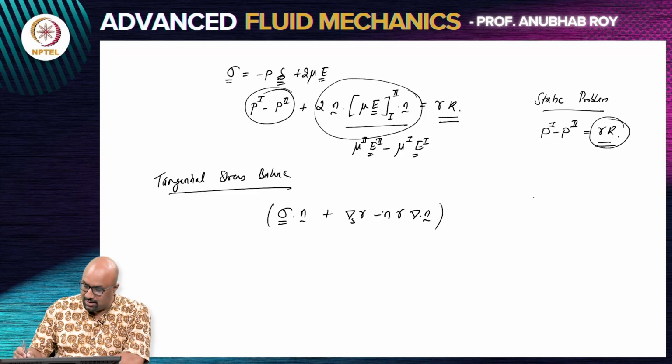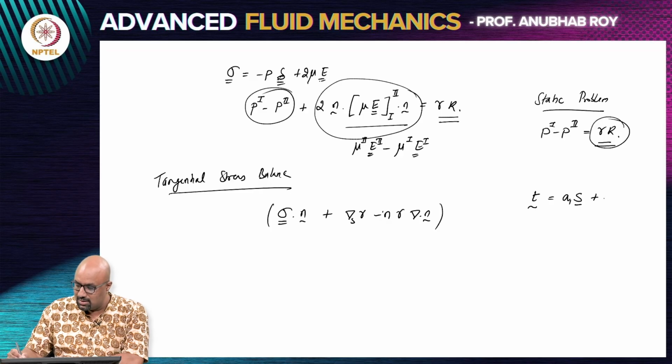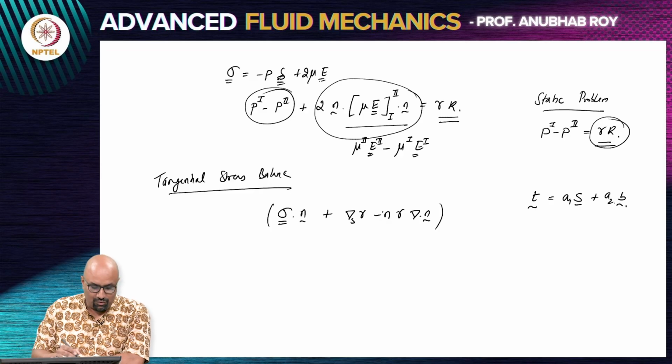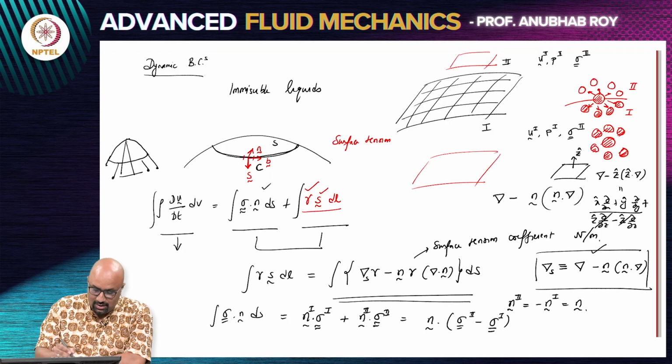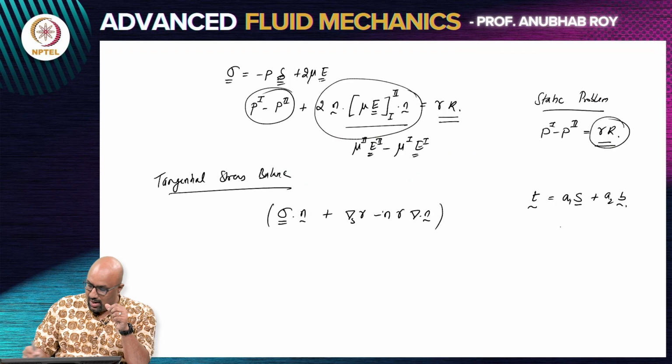The tangent vector, if I define on the surface, would be some constant times s plus some constant times b. If you remember from our sketch earlier, on the surface at any point you have these two perpendiculars. One is along that contour b, and then there is the other which is perpendicular to that. So you can define the surface tangent using these two vectors.